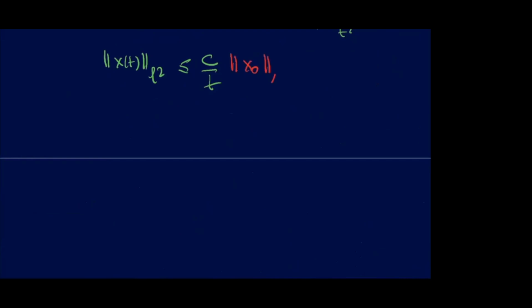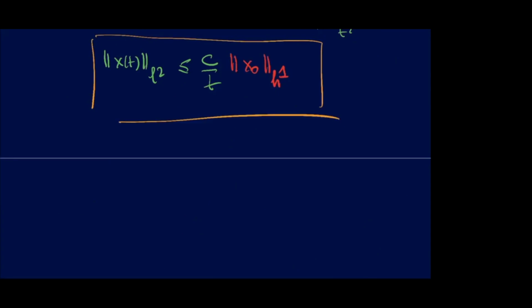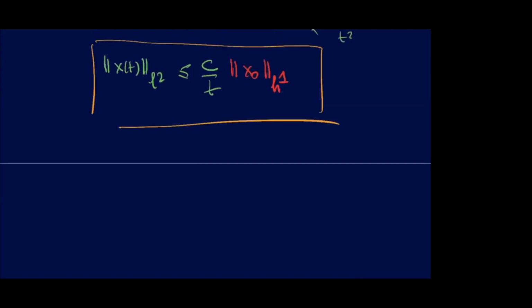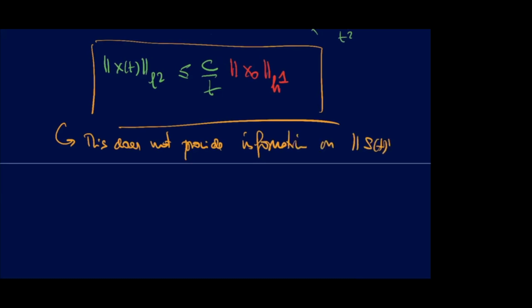Here I am taking the norm of the initial datum in a stronger space. And this does not provide information on the norm of the semigroup as a linear operator from L2 into L2.